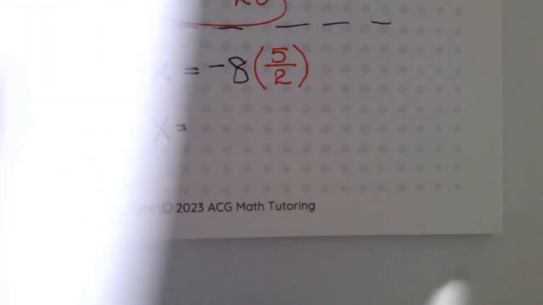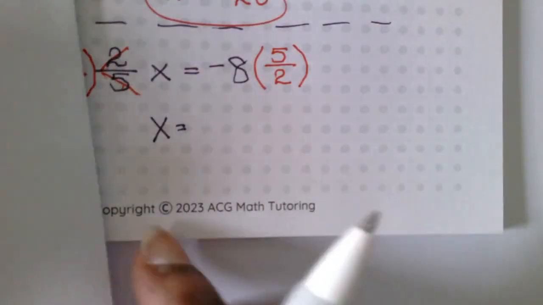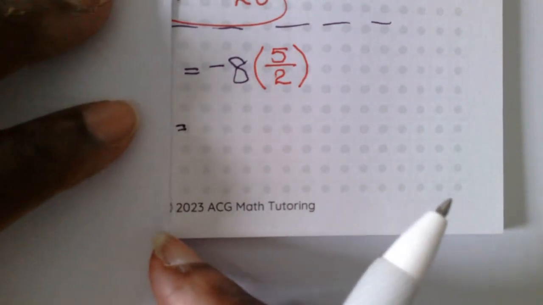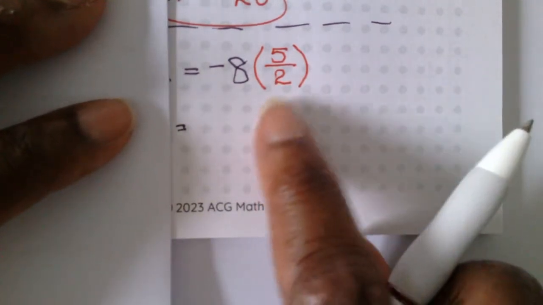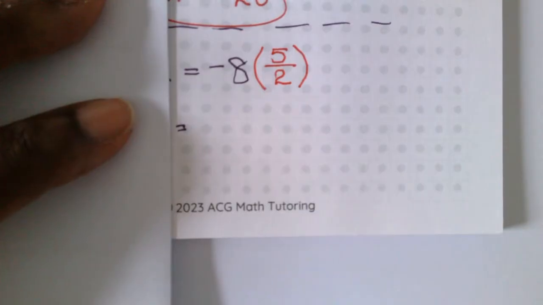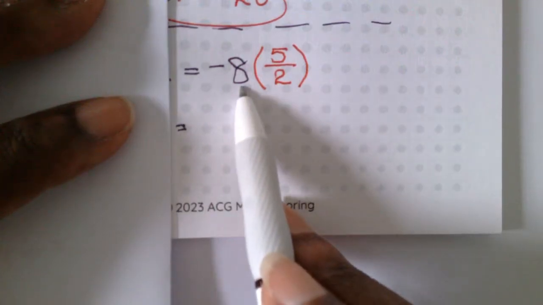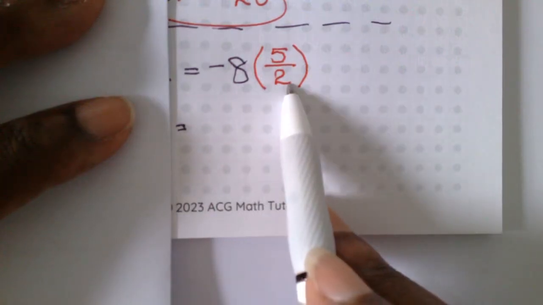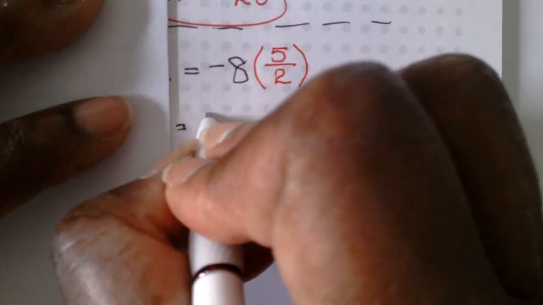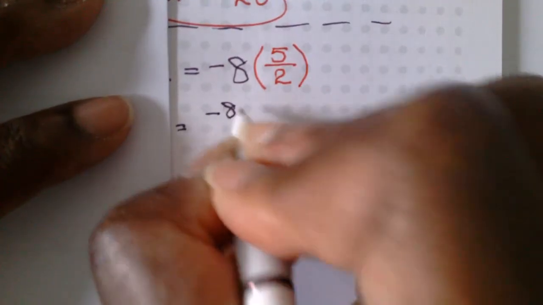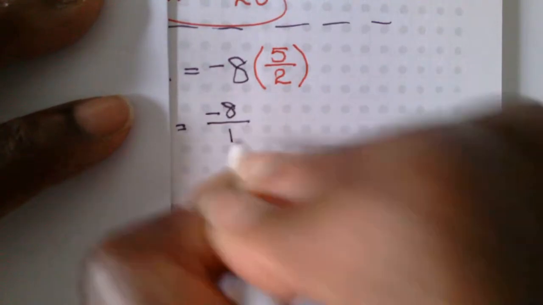But when we go to the right side, this is the part that freaks a lot of people out. But this is what you can do. When we're used to multiplying a whole number with a fraction, we make that whole number into a fraction by putting it over 1.